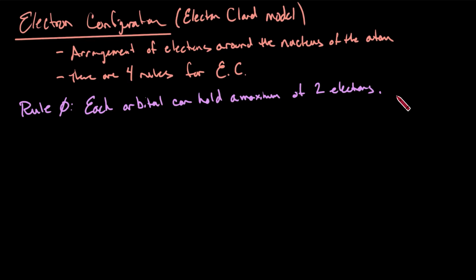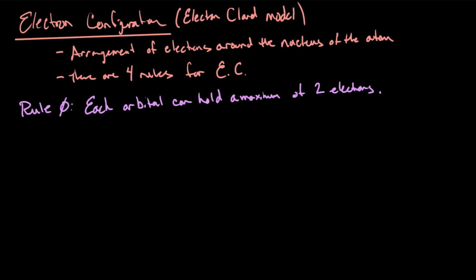Okay, so what is an orbital? An orbital is a region of space. It's not an actual physical thing.